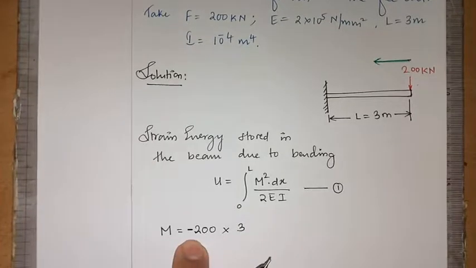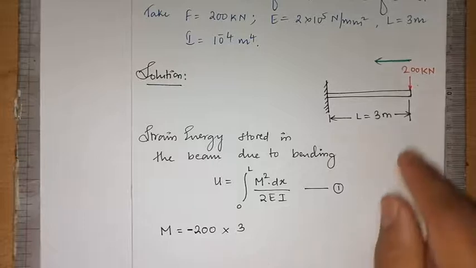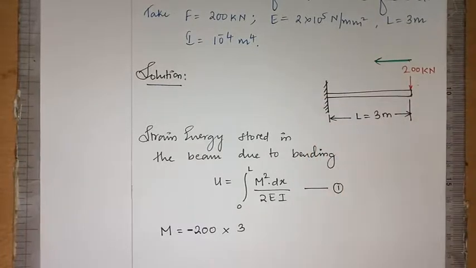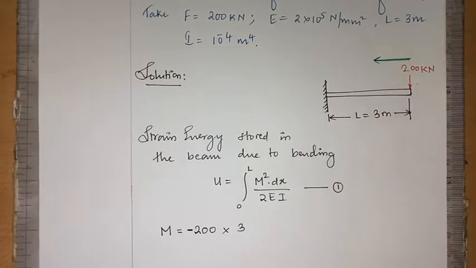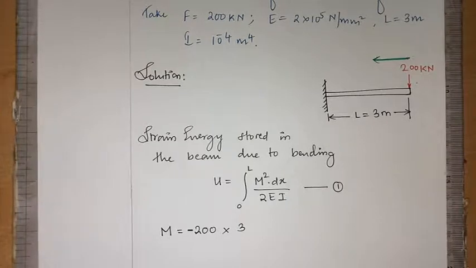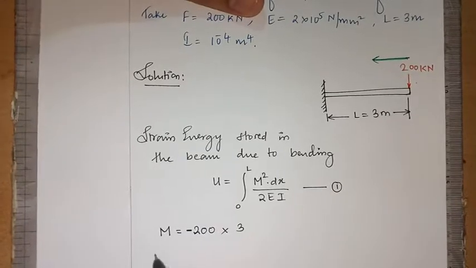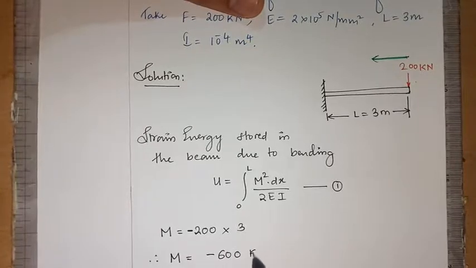Why will it be negative? Reason is simple. You are moving from right hand to left hand side, and it is making a clockwise movement. When you are moving in a cantilever beam from right to left, a clockwise movement is taken as negative. This sign convention I have already told you when I was explaining shear force and bending moment diagrams. Therefore M is equal to minus 600 kilonewton meter.